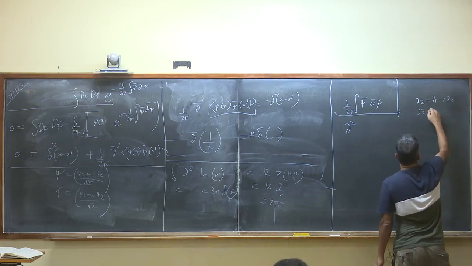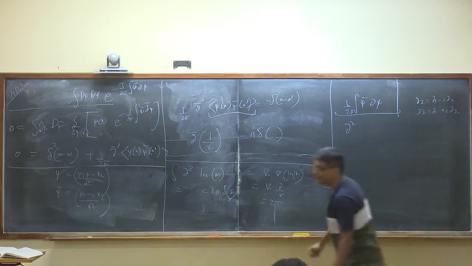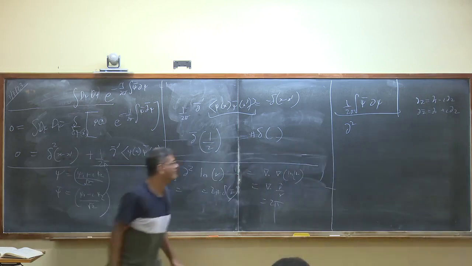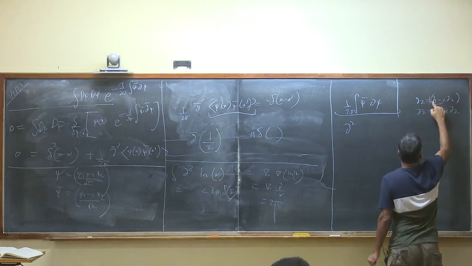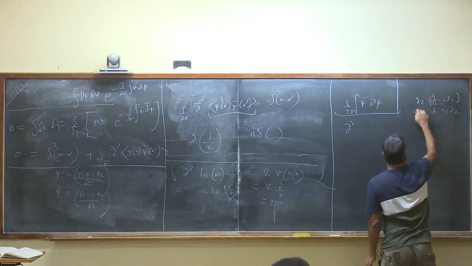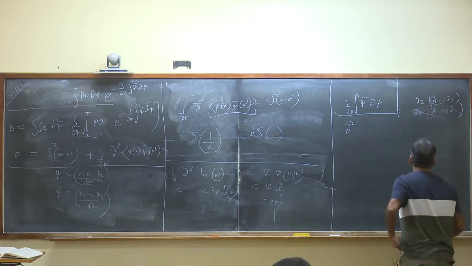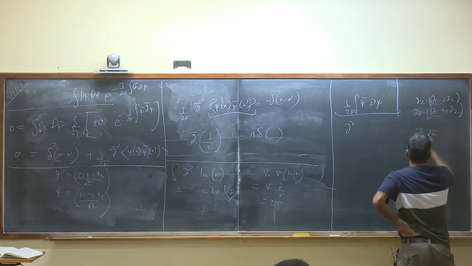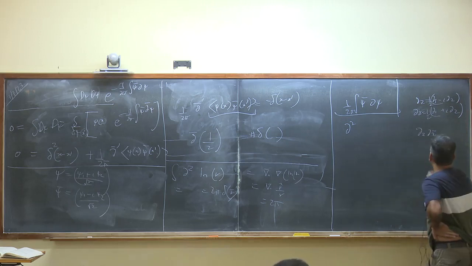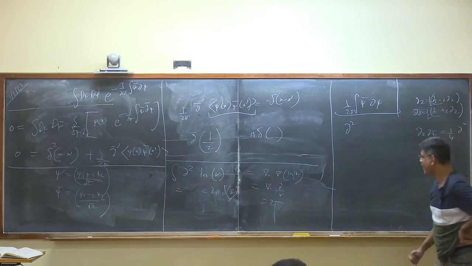Del z bar was equal to del 1 plus i del 2. And del z had the half. Okay, and therefore del z del z bar is equal to 1 by 4 del square.